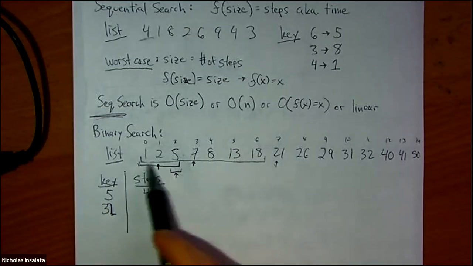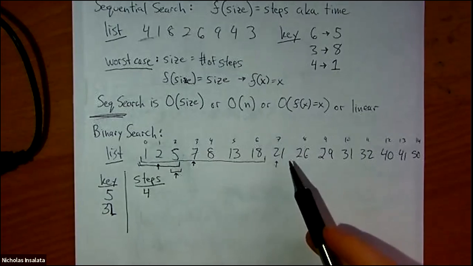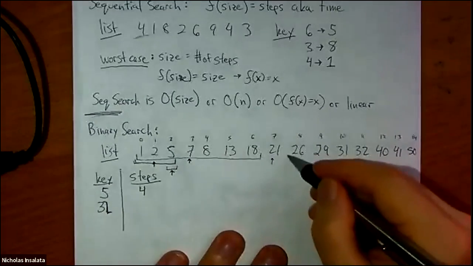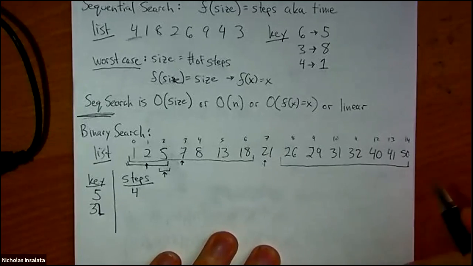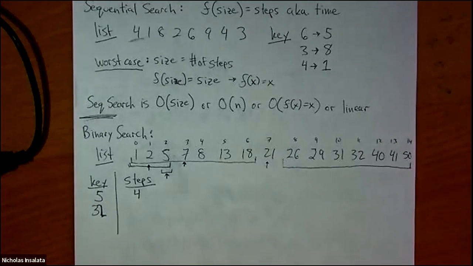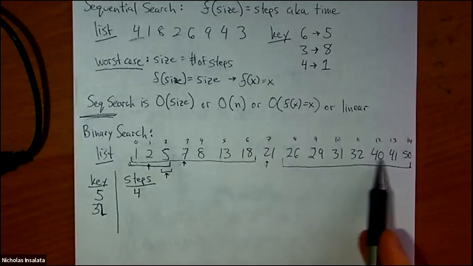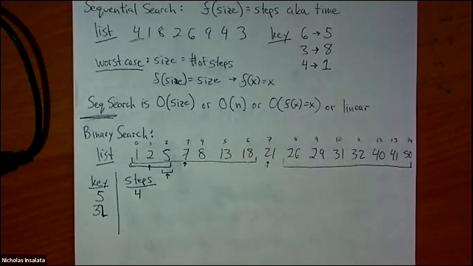Okay, we eliminate 0 through 7. And what's left is 26 through 50. Index 8 through 14. Right? So all this stuff is gone, and this is what we're still looking at, right? Okay, what's our next step? What do we compare from the remainder of our list?